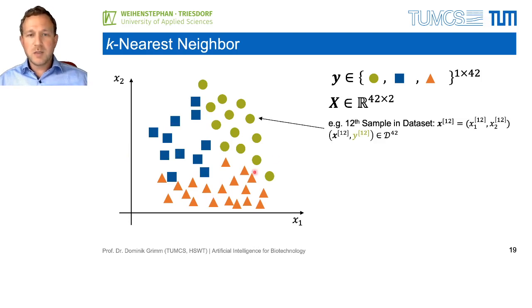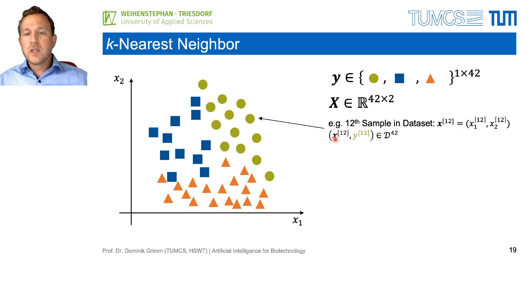So for example, this sample here is my 12th sample in the dataset, where when we write bold X superscript 12, we get the following row vector. So that's all the features for this sample 12, and this is the data entry.